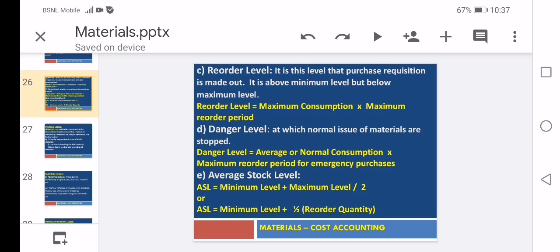And the last and final one is average stock level. Generally it is computed with either option A or option B based on the availability of information. Average stock level is equal to minimum stock level plus maximum stock level by 2.